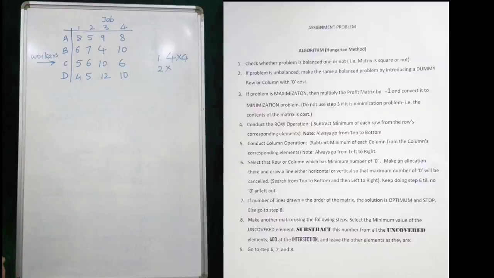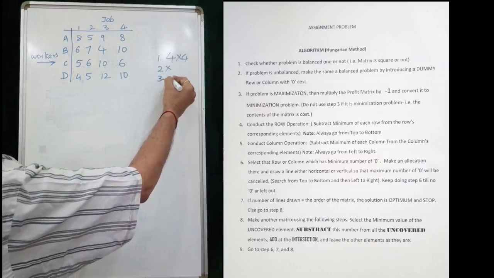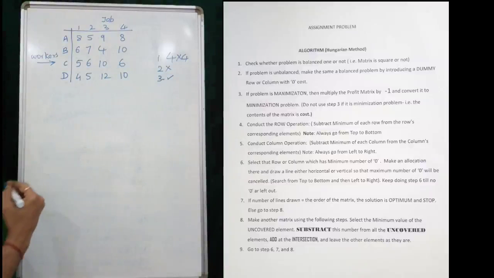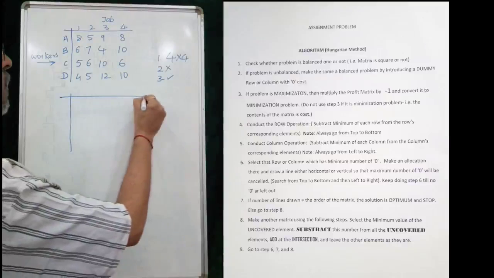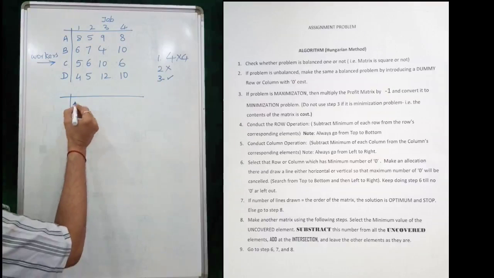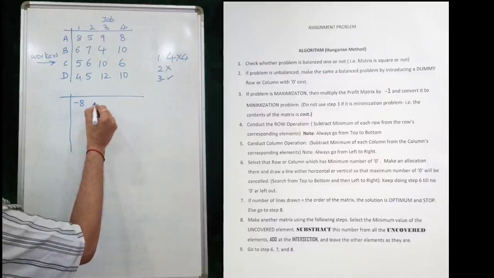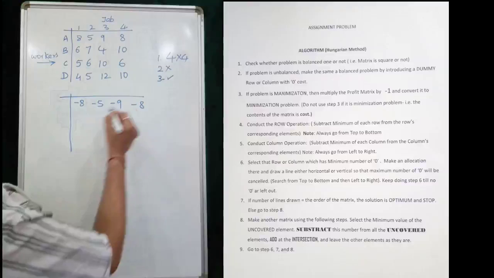So I'm going to go to step number 3. It is a maximization problem, so I'm going to convert it to a minimization problem. What am I going to do? I'm going to multiply the whole matrix by -1. So when I multiply the whole matrix by -1, for A I will get -8, -5, -9, -8.